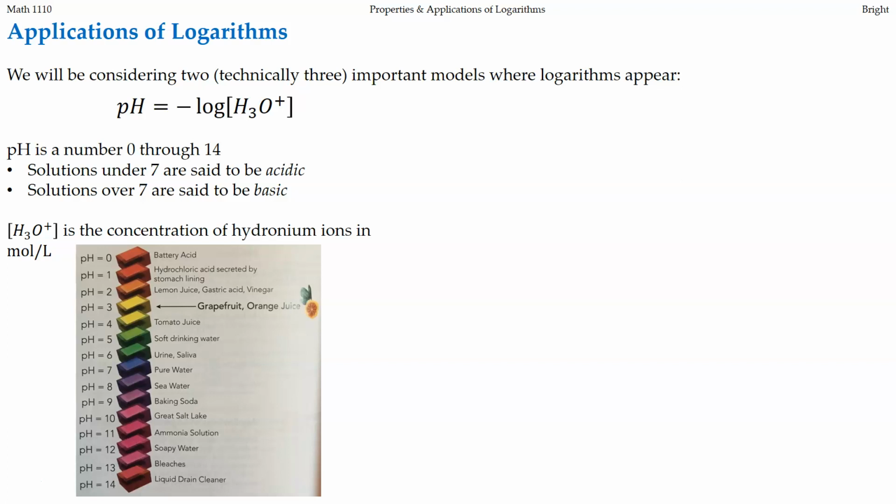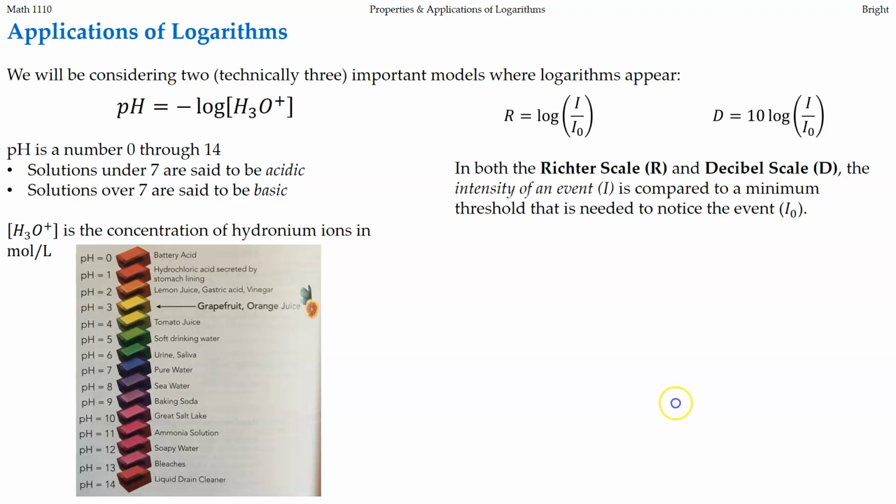The other example is R is equal to log of I over I naught, and D is equal to 10 times log of I over I naught. And I naught is really going to be the threshold that we need to obtain. R is called the Richter scale, so that's measuring the intensity of an earthquake event.